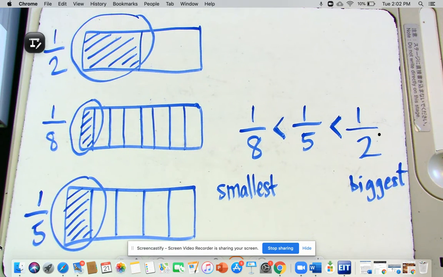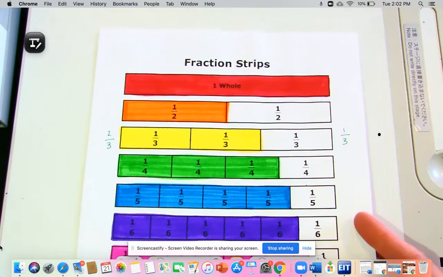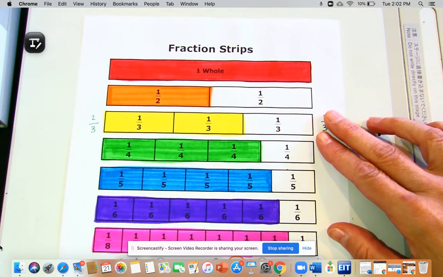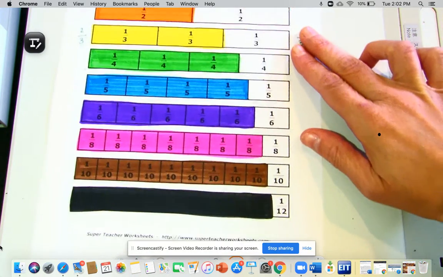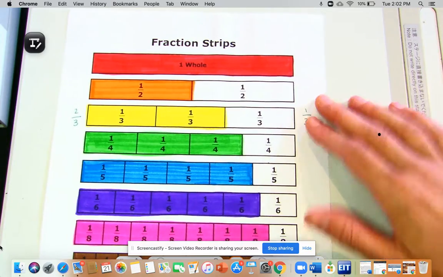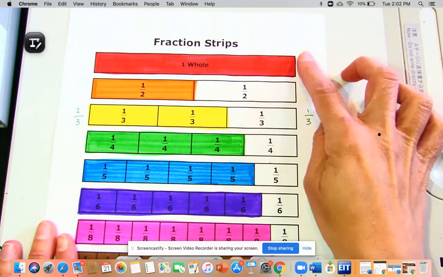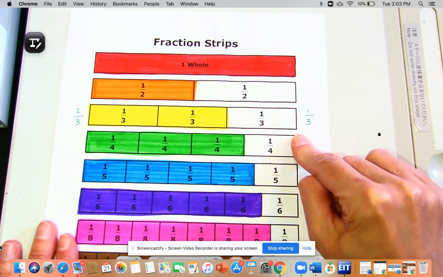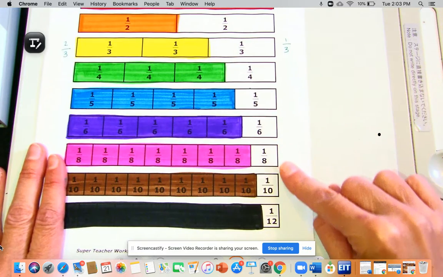Again, I know we're not in school right now, but to help us, I would give you some fraction bars or fraction strips to help with this concept. So they have a bunch of rectangles here. And usually what I do is I have students color in one whole, and you can pick any color. And then I ask students to leave one of the other chunks blank so that we can see and compare the fractions.